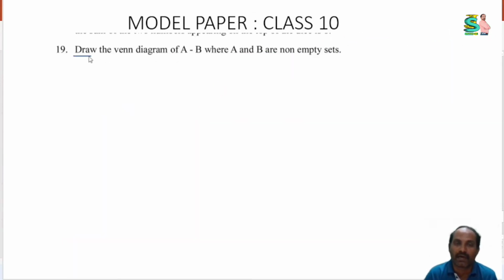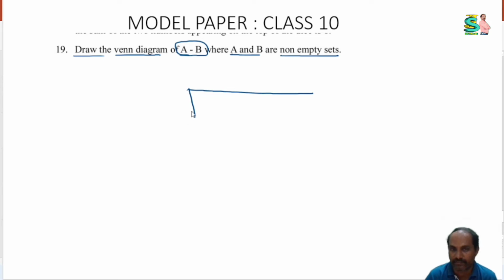Now draw the Venn diagram of A minus B, where A and B are non-empty sets. These are non-empty sets. That's why first we should draw the universal set. Universal set is always indicated with a rectangle.